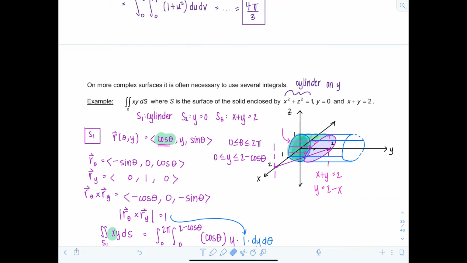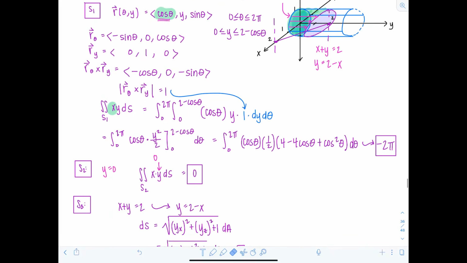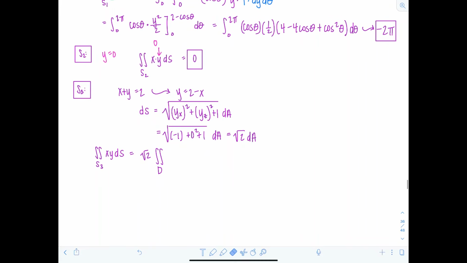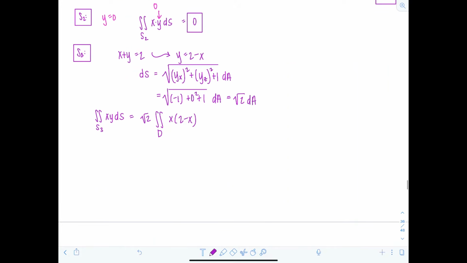We were dealing with the xy. In this case, it makes the most sense if we go polar and project this along actually the xz plane, because we just have a nice circle in the xz plane, right? So we'll probably switch to polar in a hot second. Then I'm going to have x times y, so that's x times 2 minus x dA.